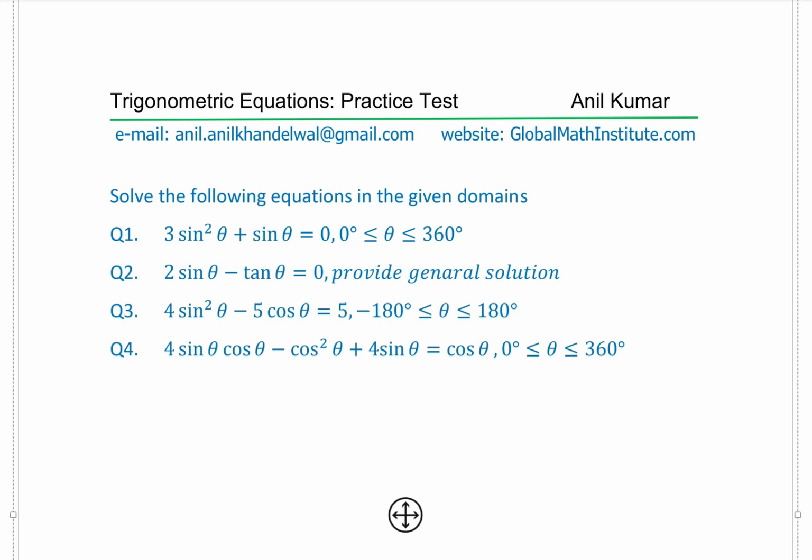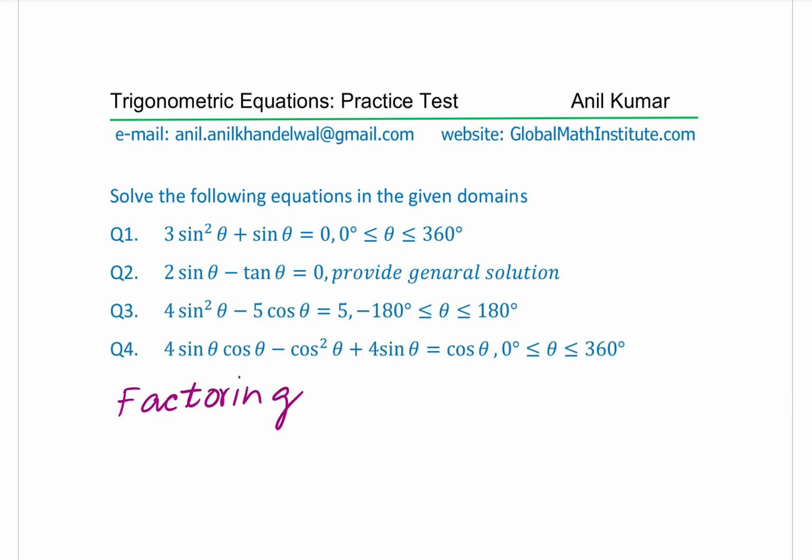So we had 4 questions to begin with. We applied different strategies. Main of the strategy here applied was factoring. So in this particular test, we practiced factoring. We also applied quadratic formula. Correct? And the cast rule.